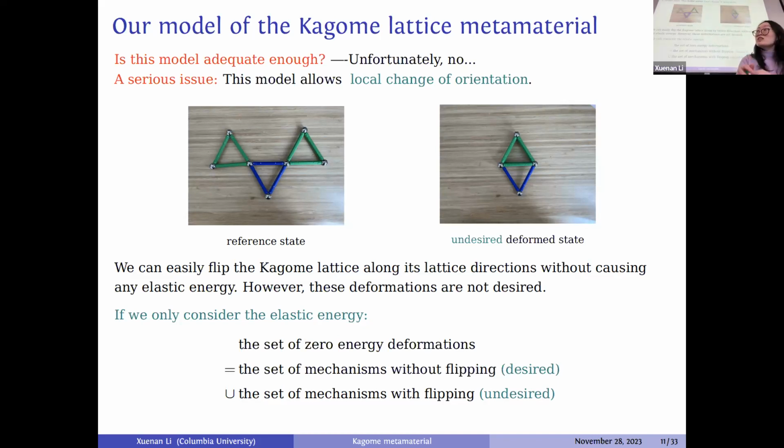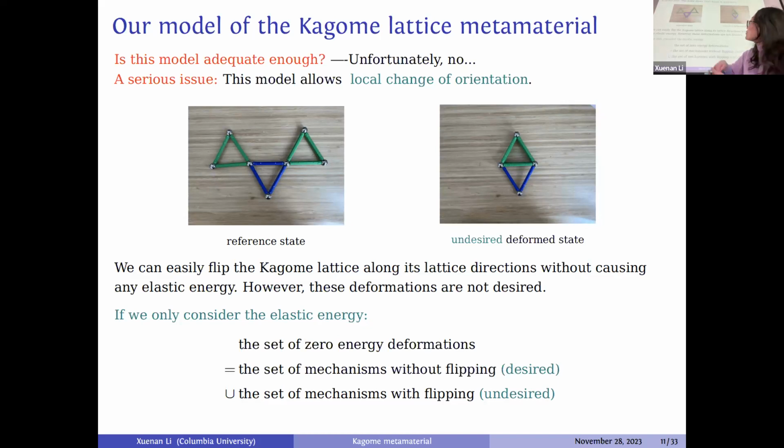Triangles flipped is not something we desire in the 2D deformation, because if you really want to achieve this state, you have to do it in 3D, right? So if we really want to have a state from here to here in 2D, you have to break the bars, and then you can shrink the size of one bar and then another, and then it can flip.